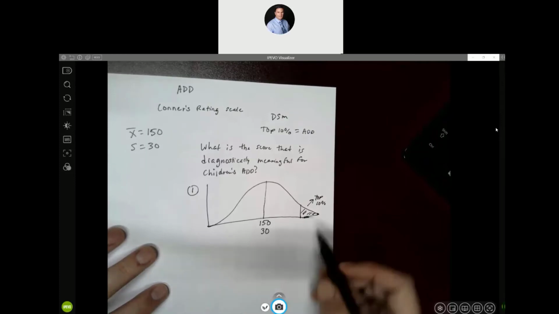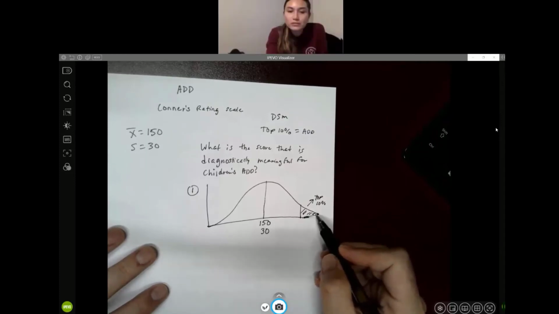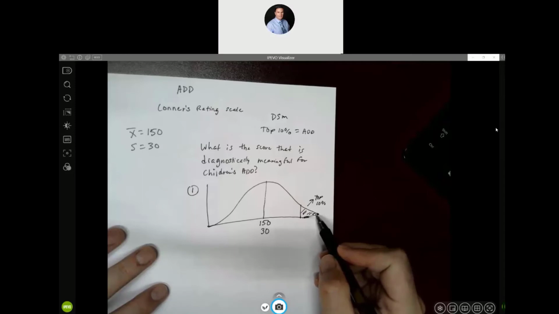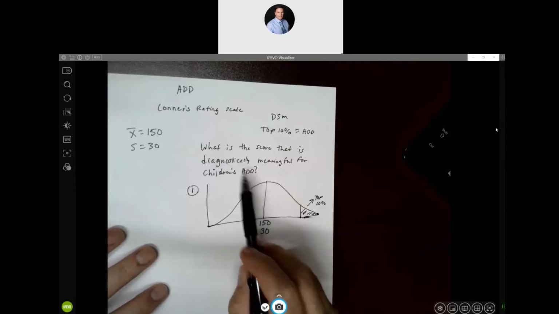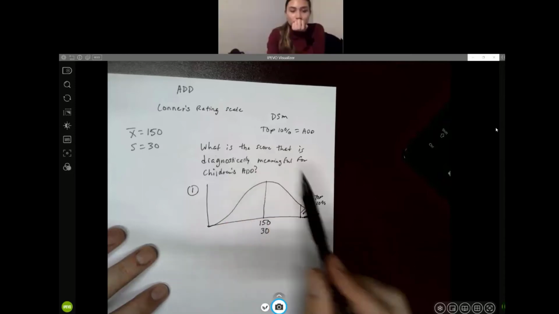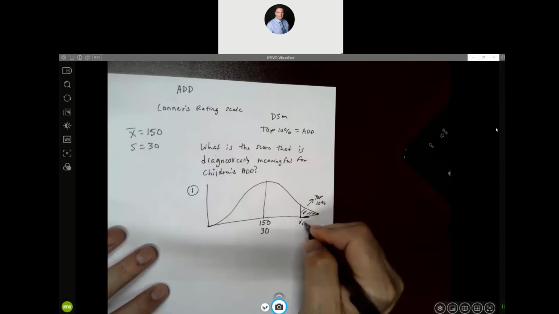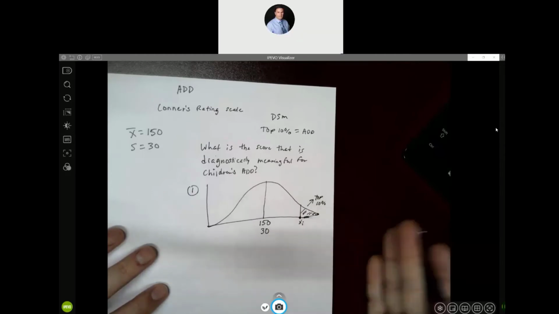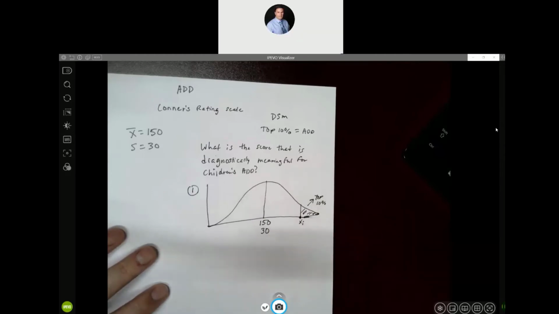Proportion? No, I'm given the proportion. It's the top 10%. So what am I looking for? The X sub I. I'm looking for the score, the X sub I. What is this score right here that marks off the top 10%?